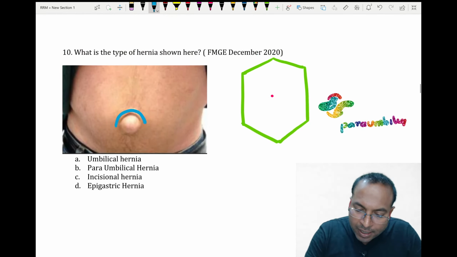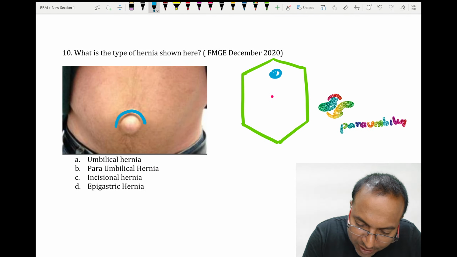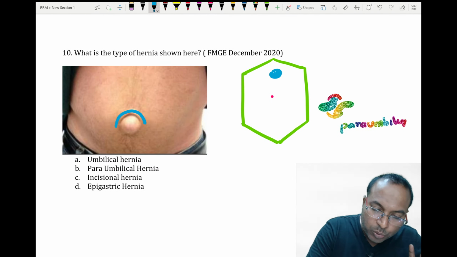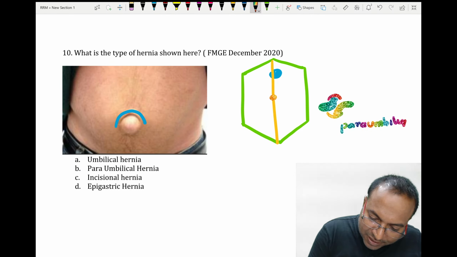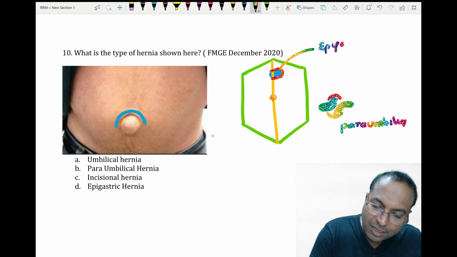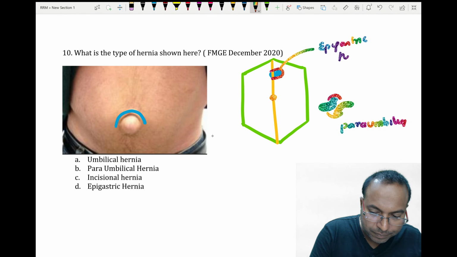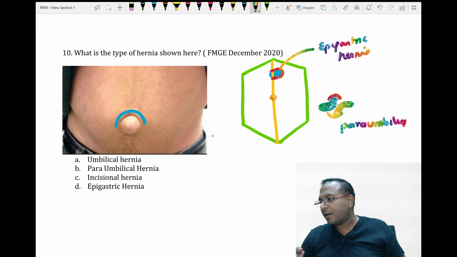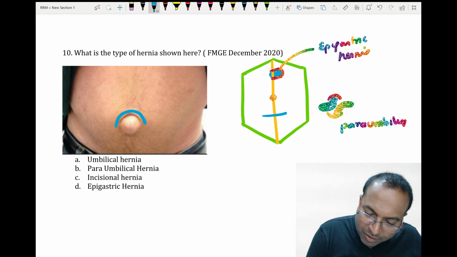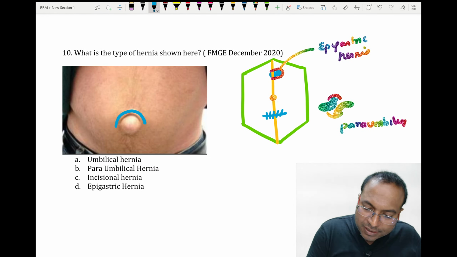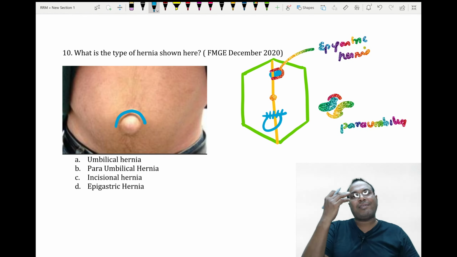If there is a hernia in this place like this, what is that hernia? I'm just asking you the images that can come for exam. This is the normal umbilicus. If there is a hernia here, it is known as epigastric hernia of linea alba. And please remember, any scar with a hernia coming out is an incisional hernia, wherever it is.